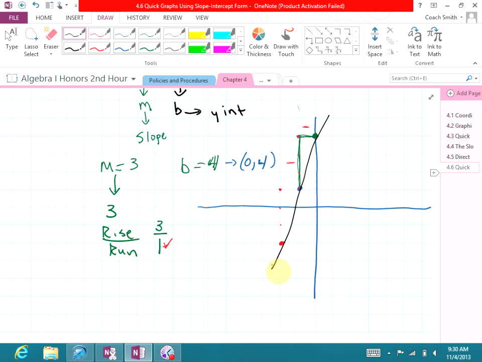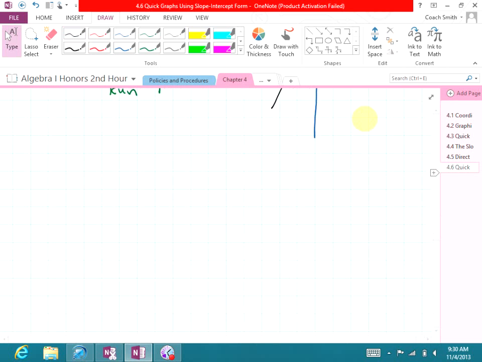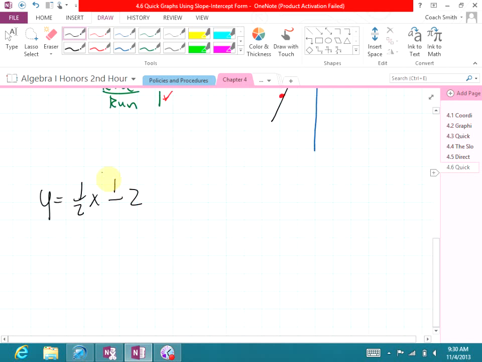Now, let's say they give us y is equal to 1/2 x plus negative 2. Or let's do it this way. Let's even say it's minus 2. Well, first thing we have to do is change this to plus and negative. That's the first thing.